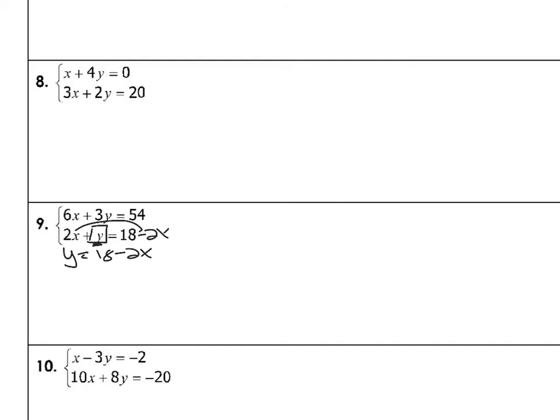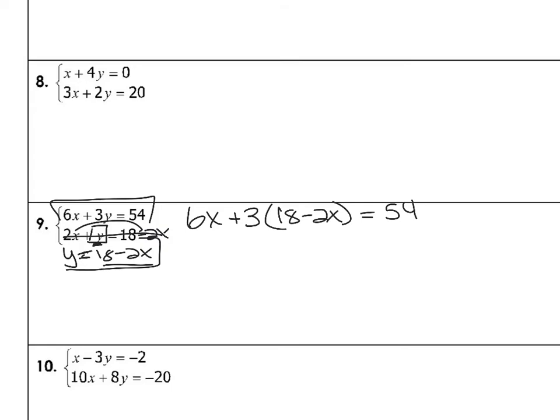So now I have these two equations. This tells me y is 18 minus 2x. So I'm going to substitute in my first equation. I'm going to substitute y with 18 minus 2x. Now I need to solve for x, so I'm going to distribute.